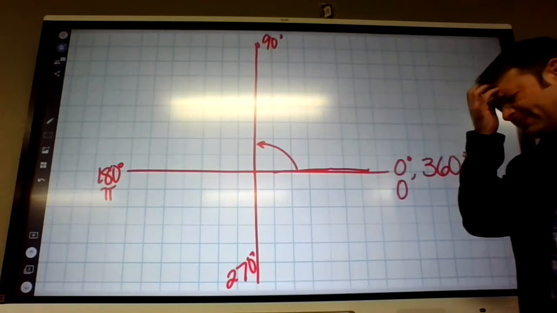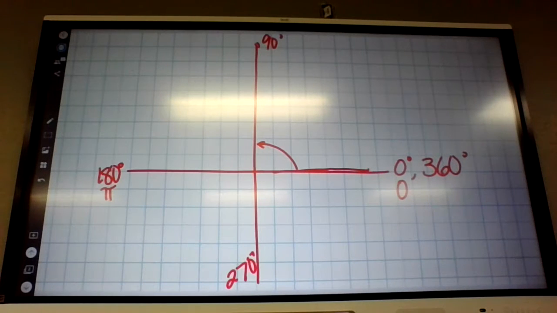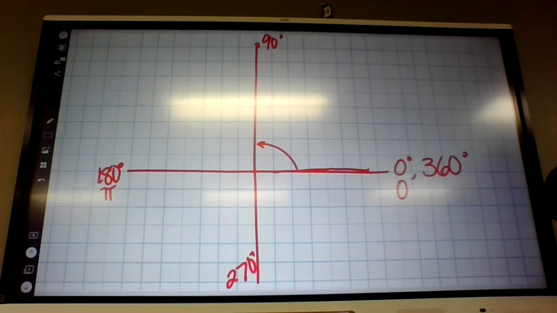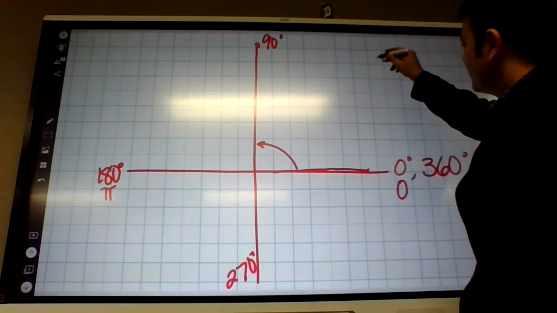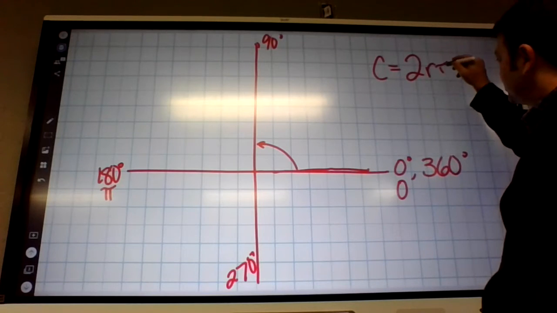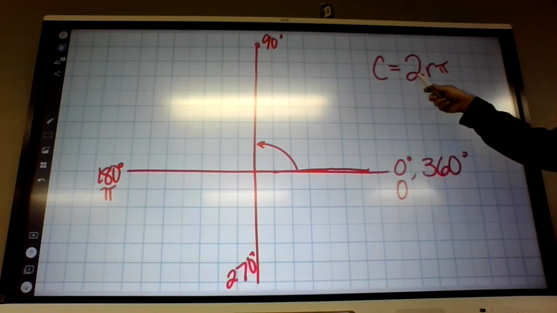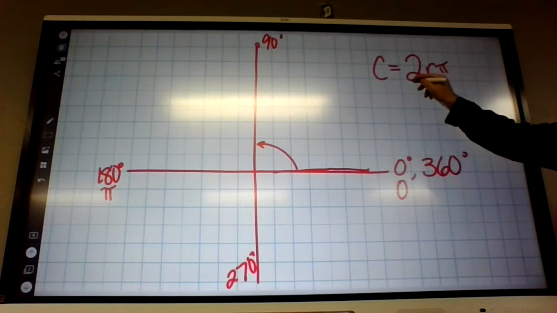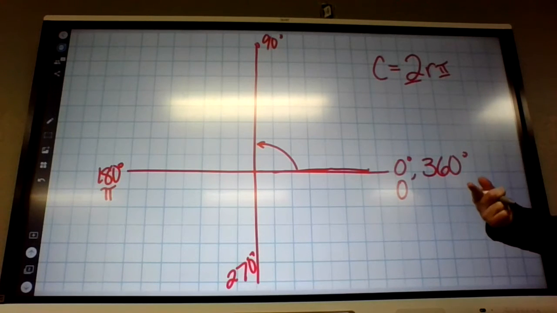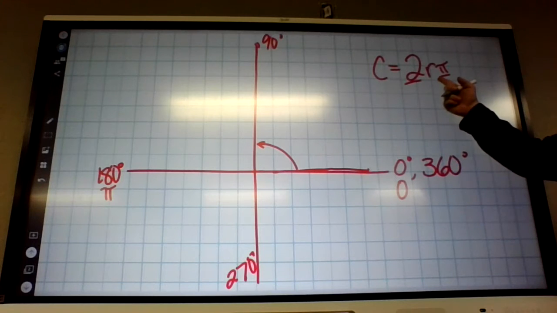So basically, I think where they came up with this is, you guys know the circumference formula for a circle? What is the circumference of a circle? 2 times radius times pi. So the 2 pi times the radius gets you around the circle.